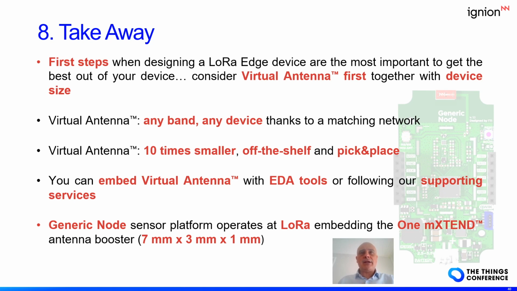So this minimizes the risk and ensures good quality when assembling many hundreds of thousands of components in mass production. You can easily embed virtual antenna thanks to the electronic design automation tools, as well as using our supporting services.